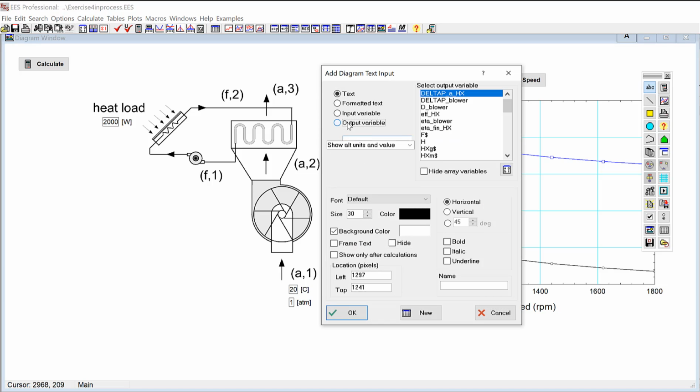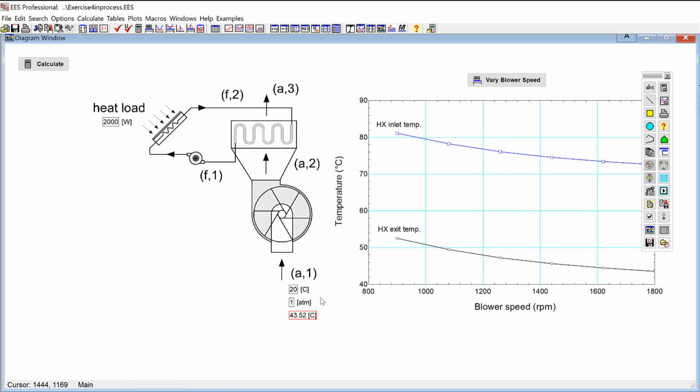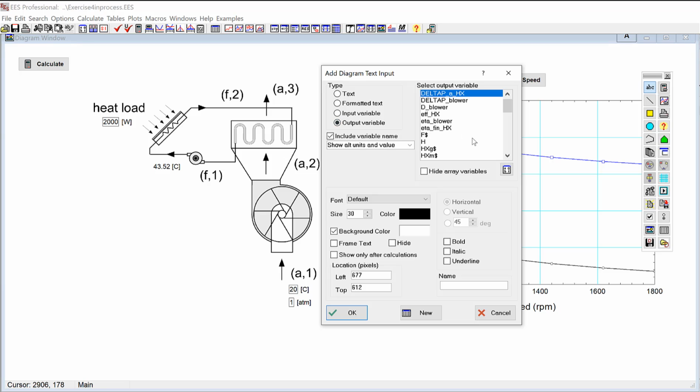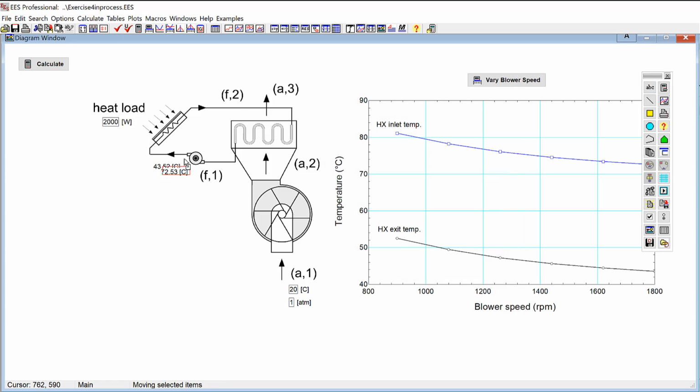So we'll have some output variables for TF1, and we'll hit OK. So that's the temperature right here. And then also TF2. So that's going to be the temperature right here. That's probably good enough for that.